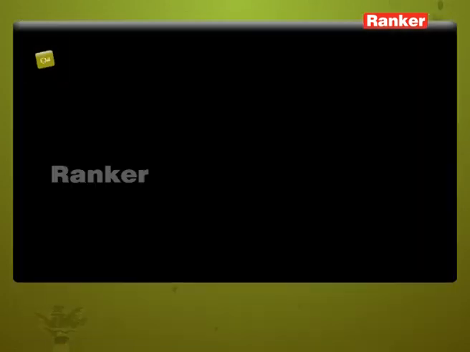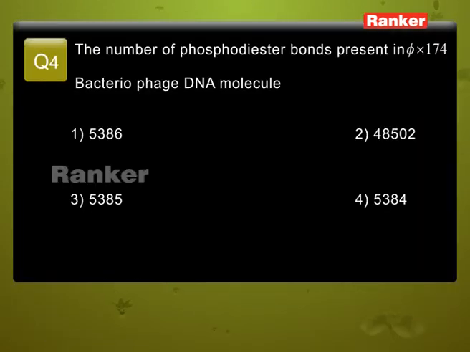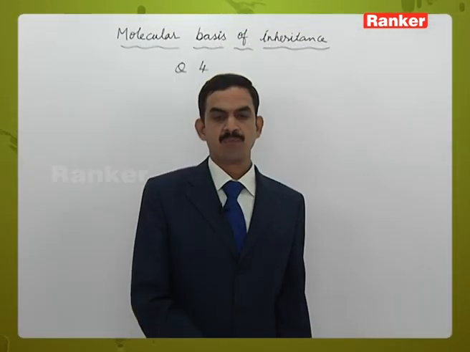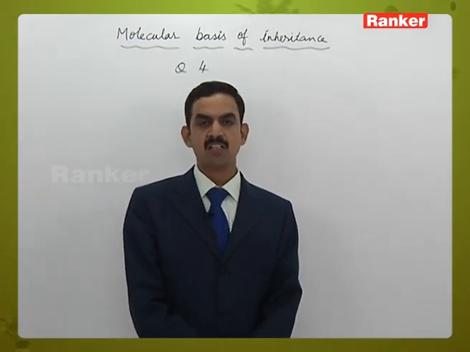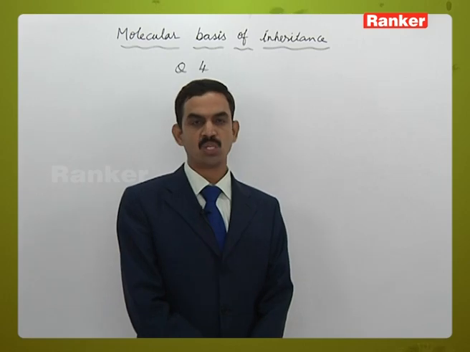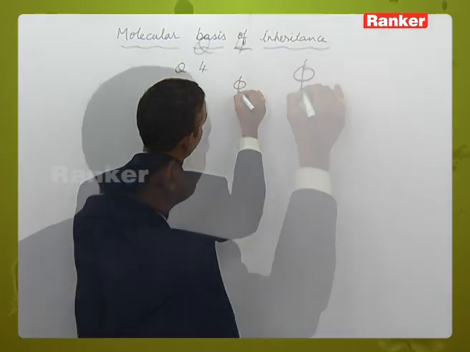Question number 4. The number of phosphodiester bonds present in phi X 174 bacteriophage DNA molecule. Options: 1. 5386, 2. 48502, 3. 5385, 4. 5384. Okay, here this is related to the number of phosphodiester bonds present in the nucleic acid of phi X 174 bacteriophage.